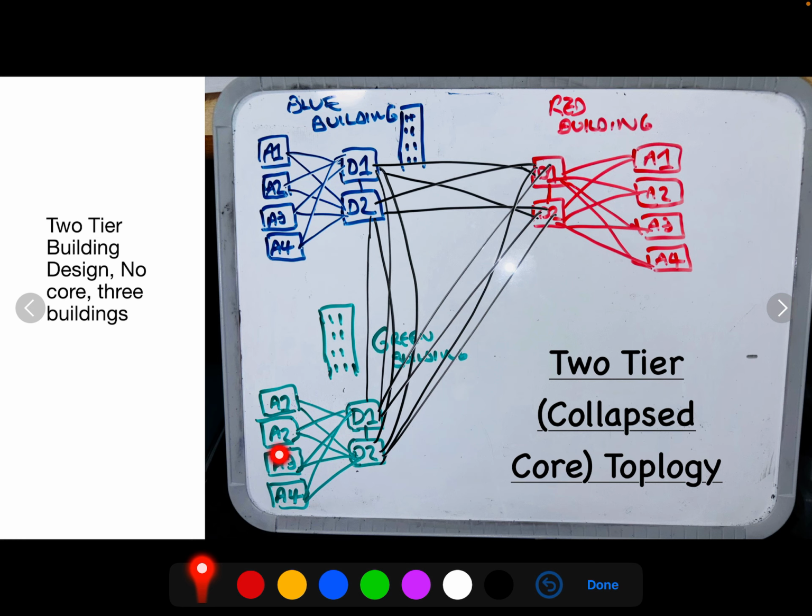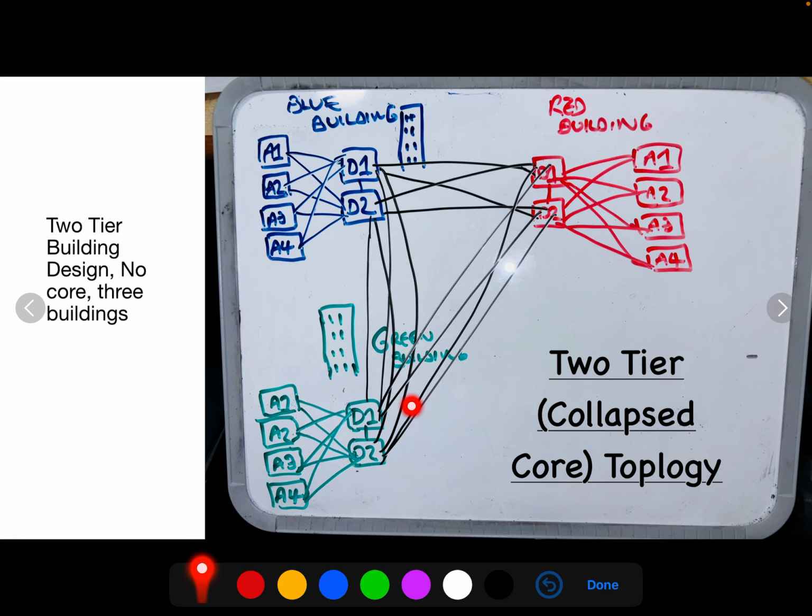These are the access switches here. These are the distribution switches. If you look here, these are linked up to every single distribution switch in this building, the red building. Every single access switch is connected to the distribution switches in that building. There are 2 links coming out of every single access switch, and finally with the green building, you've got 2 links coming out of every single access switch into the distribution switches.